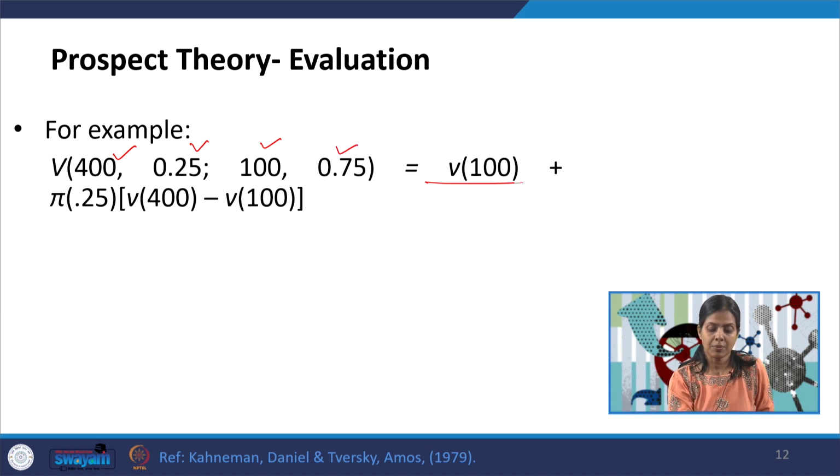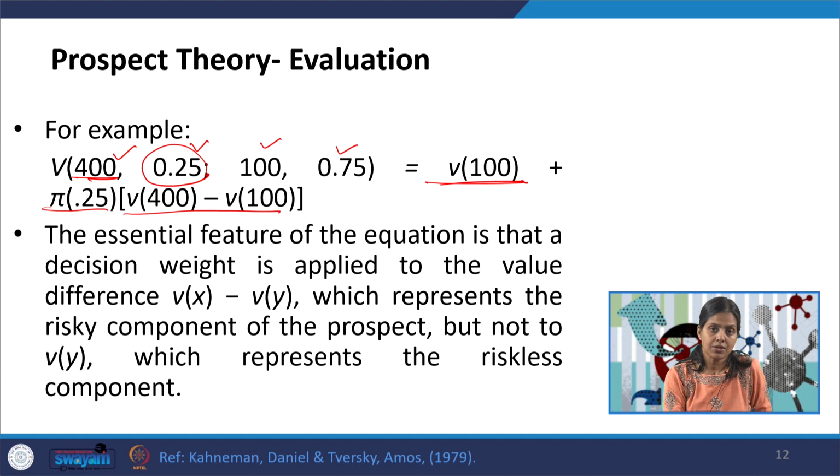Then we first separate out the sure gain, which is V(100), plus pi(.25), because we are considering the weighting function of the probability associated with the possible larger gain, and that is multiplied by V(400) minus V(100). The essential feature of the equation is that a decision weight is applied to the value difference V(x) minus V(y), which represents the risky component of the prospect, but not to V(y), which represents the riskless component.